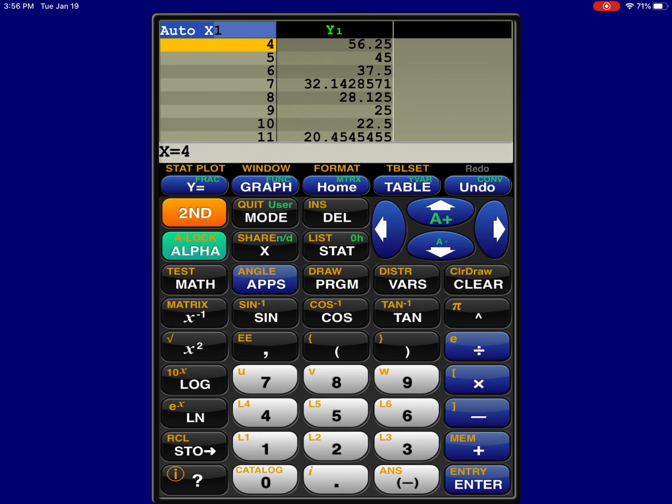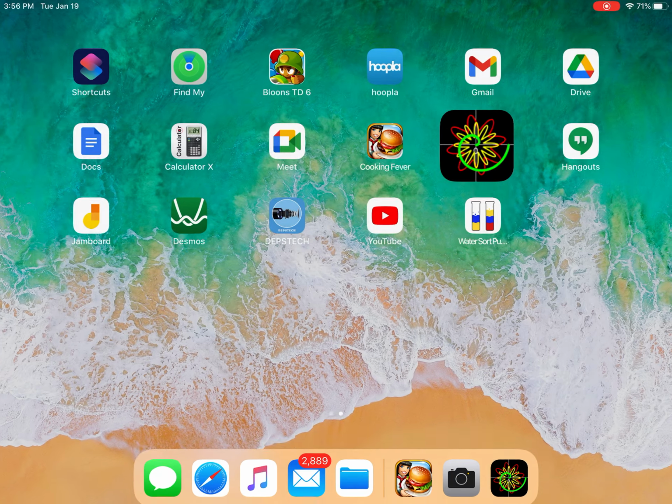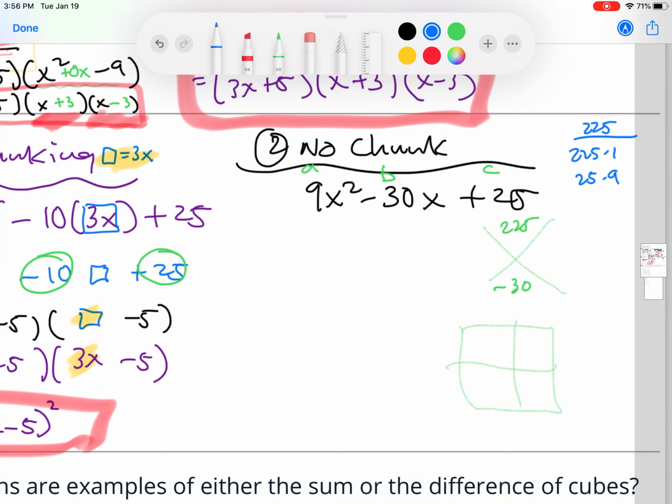So let's write down all of those. 3 times 75, 5 times 45, 9 times 25, and then 15 times 15.